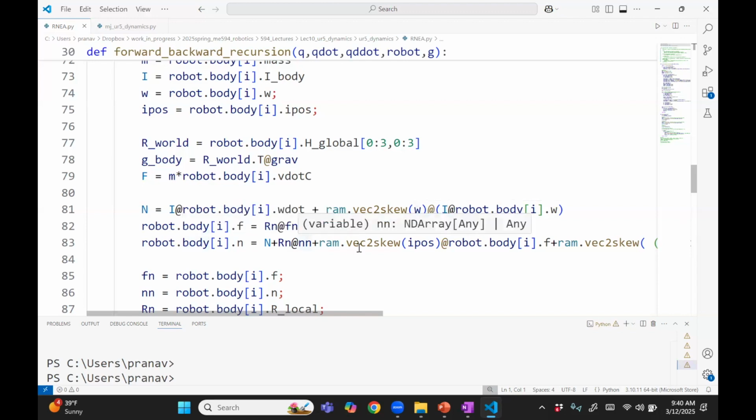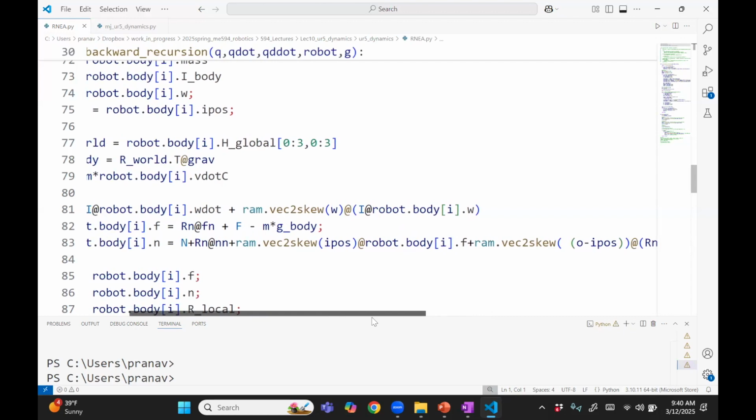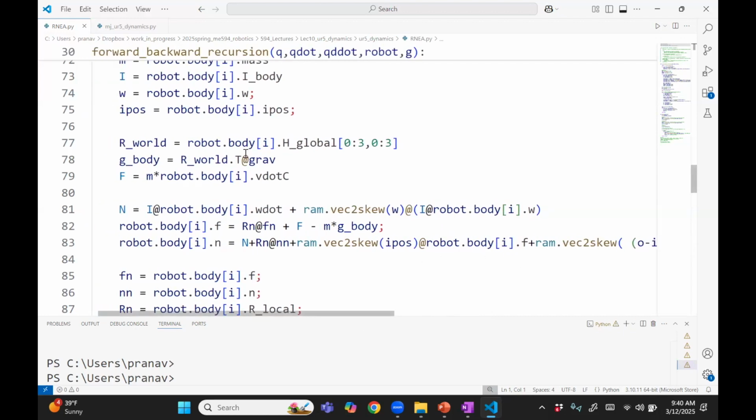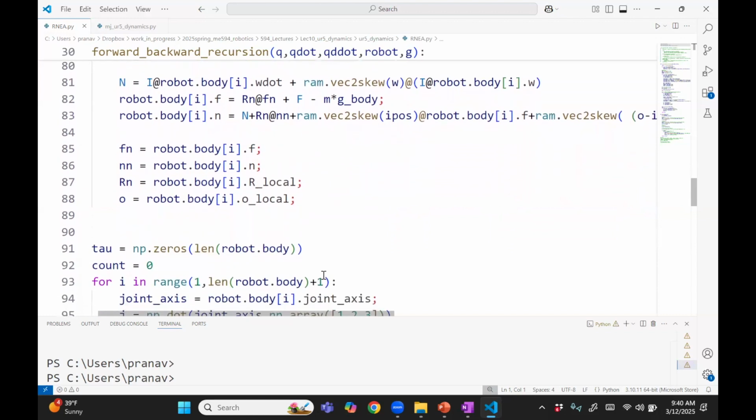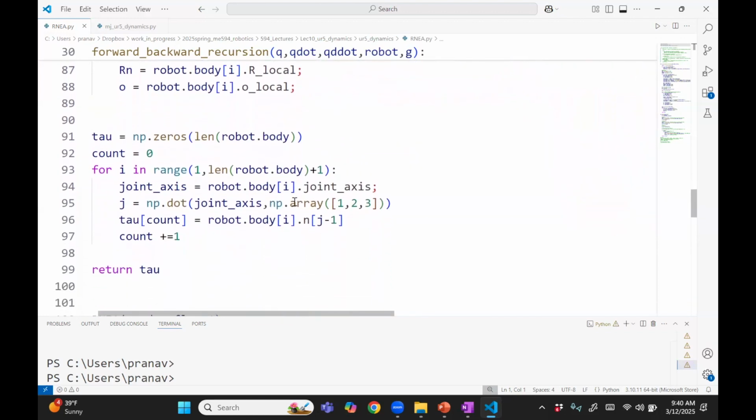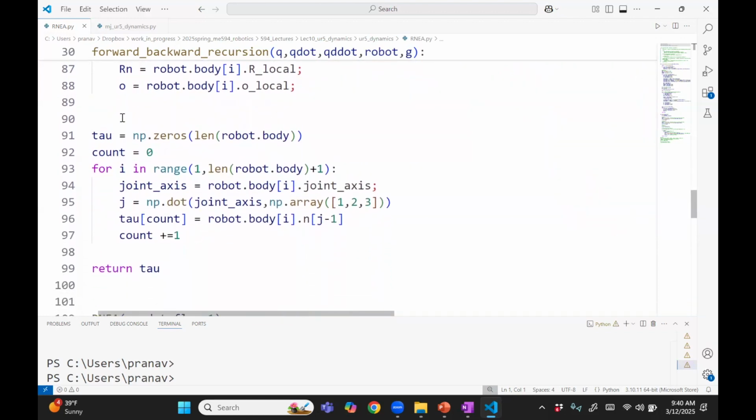And then this is basically the recursion. All these terms have been defined here, and basically that's the formula which I showed. Okay, so we did the backward recursion. What comes out of it is the torques.